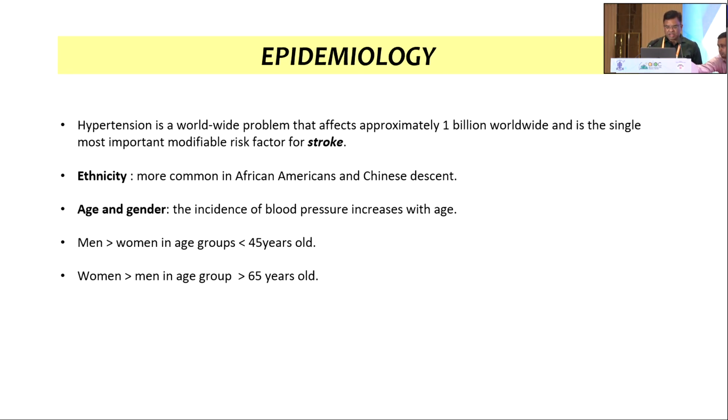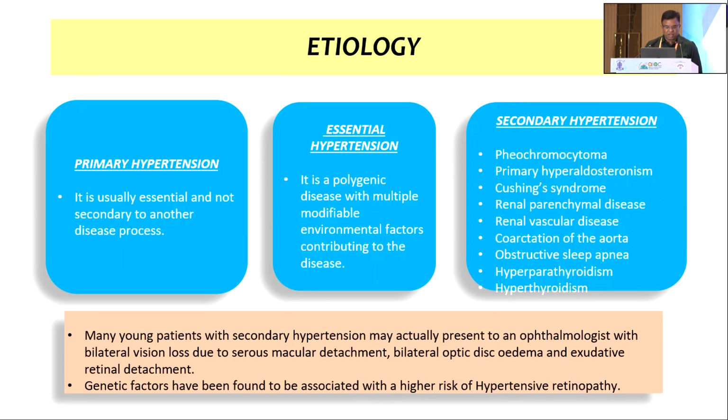If we look at incidence, in those less than 45 years, it's usually men who are more involved, and in those greater than 65 years, it's women who are more prone to develop hypertension. Now, the etiology of hypertension can be briefly summarized into 2 parts: primary or essential hypertension, and secondary hypertension, which occurs due to secondary diseases.